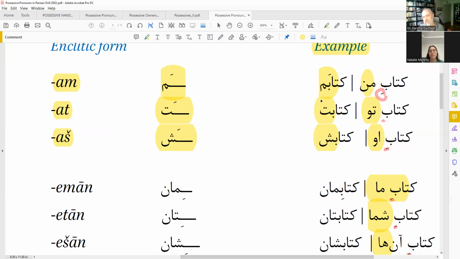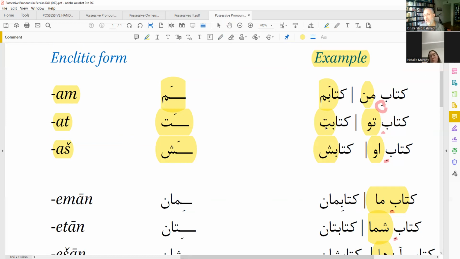In this case, the a between ketab and the pronouns is dropped, and you do not write the pronouns separately. You keep them together: ketabam, ketabat, ketabash. It has absolutely the same meaning as in plain form. So ketab-e man and ketabam both mean my book, etc.